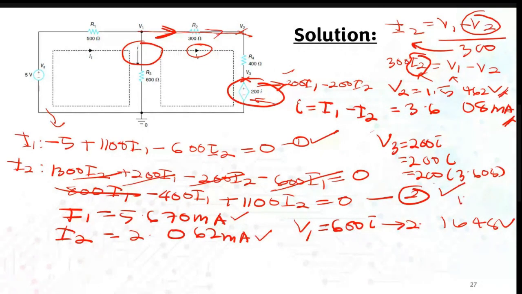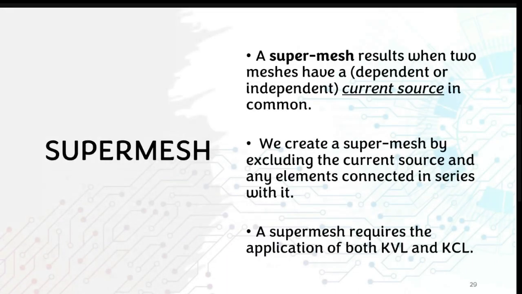Then you can find your V3 is equal to 0.7216 volt. So that means you have all the answers: I1, I2, V1, V2, and V3. So let's move to another slide.